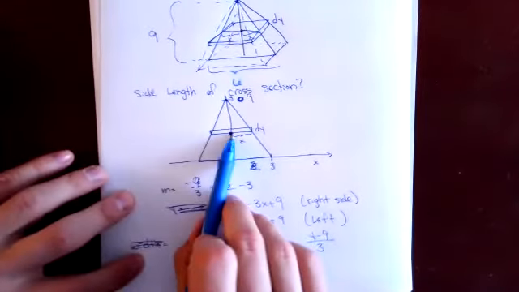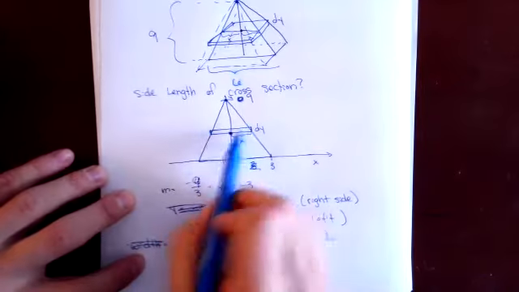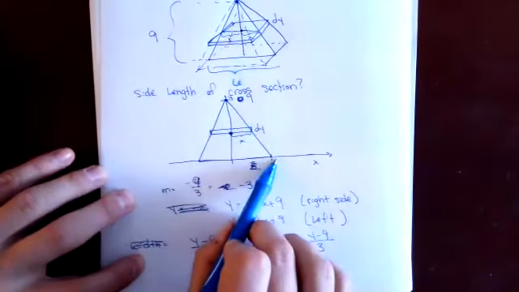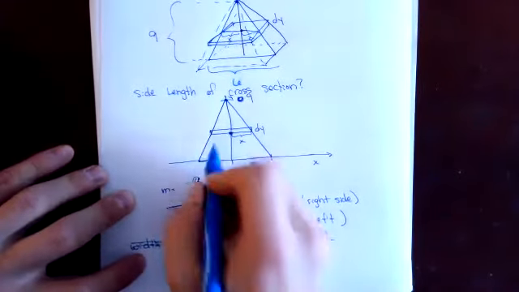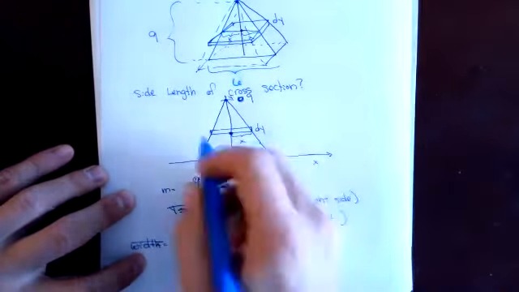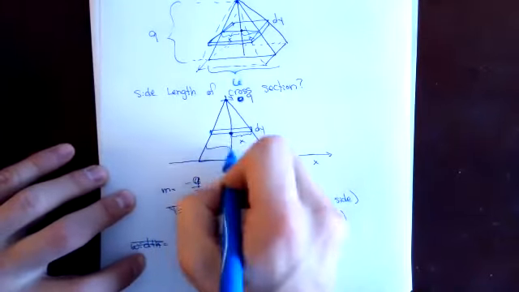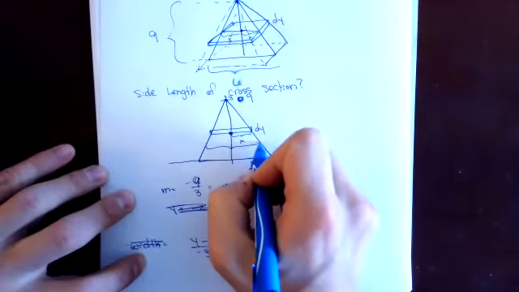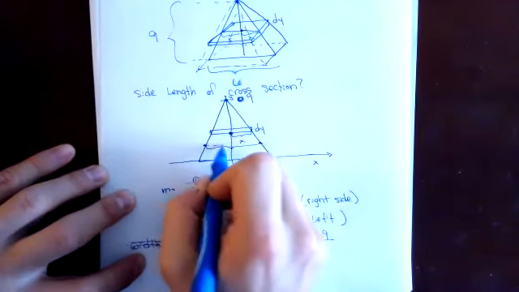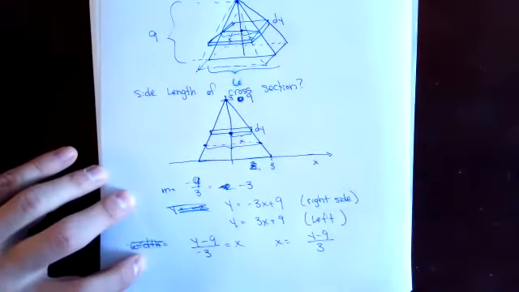So the width you could either model as 2x and use x as this line, or you can model as the right curve minus the left curve. So if you model the entire width of any given cross section as the right minus the left, it'll give me that distance going across.